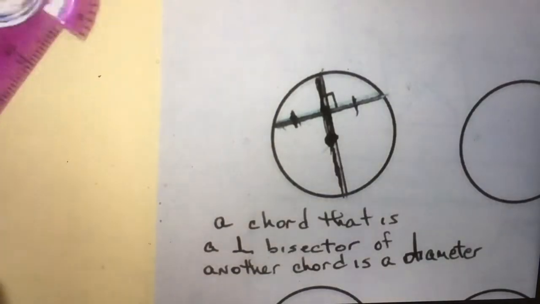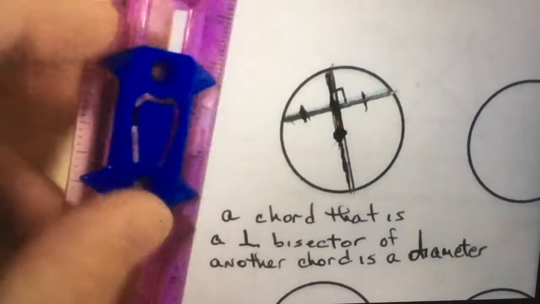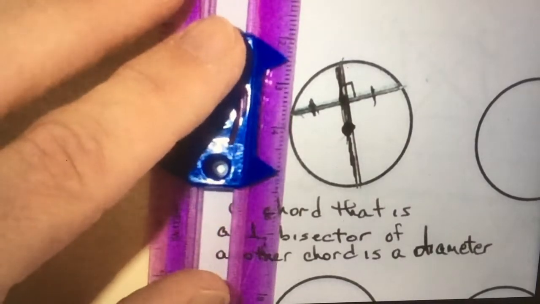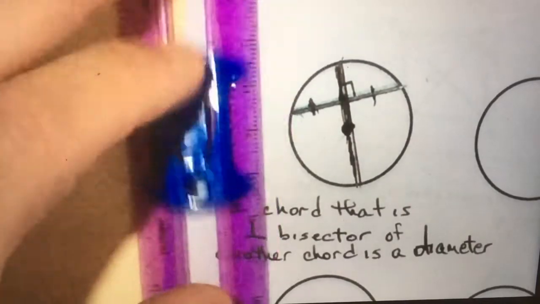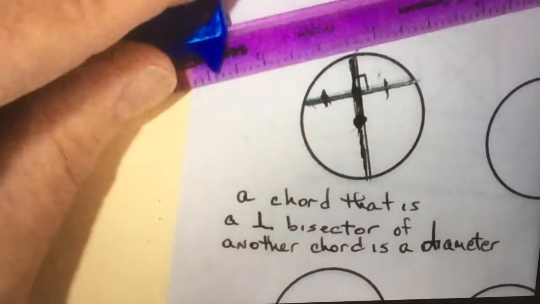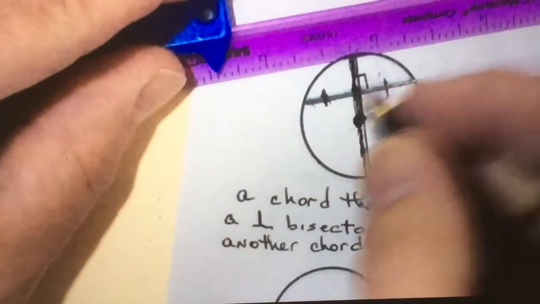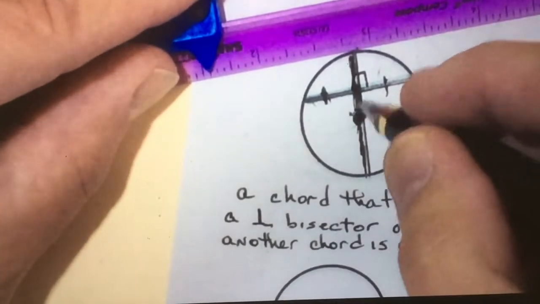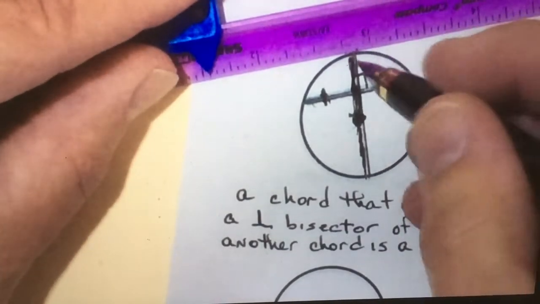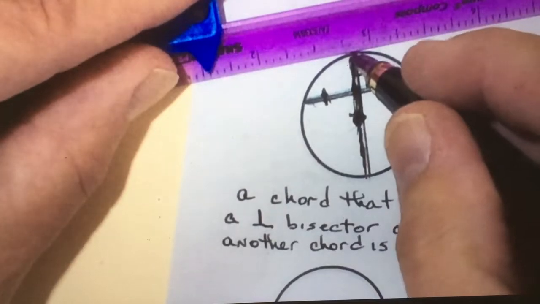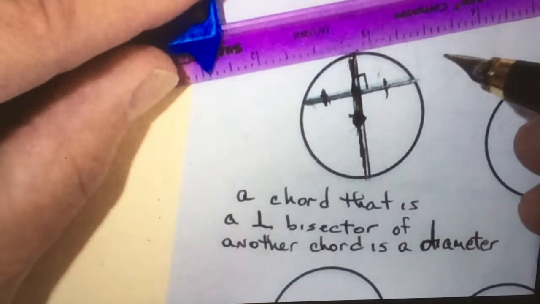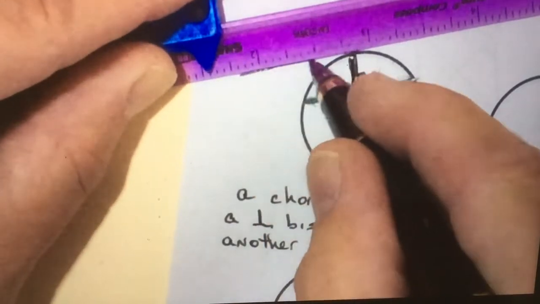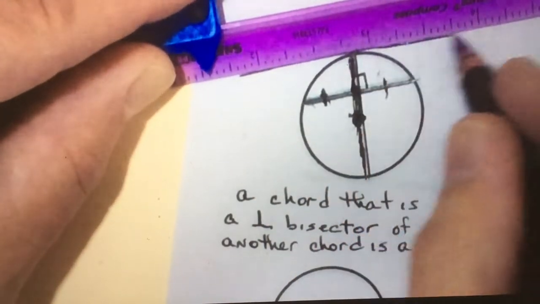Another useful thing to know, if you try to make a tangent line, now tangent line is a line that intersects the circle only once. And if you're working with a radius, in other words, a line segment that goes from the center to the circle, and your line intersects the radius at the circle, then that has to be 90 degrees.